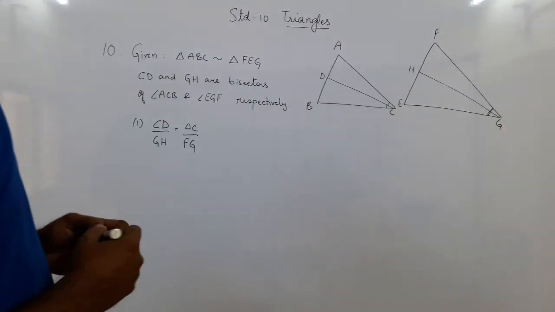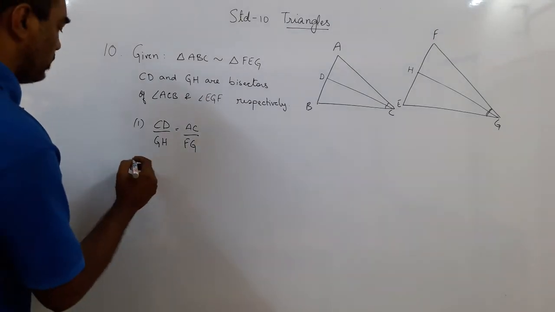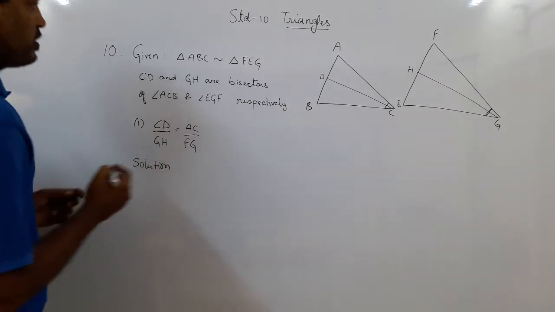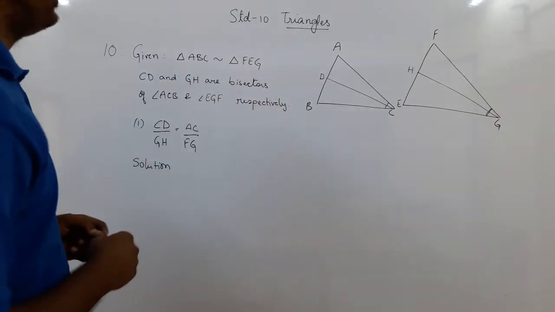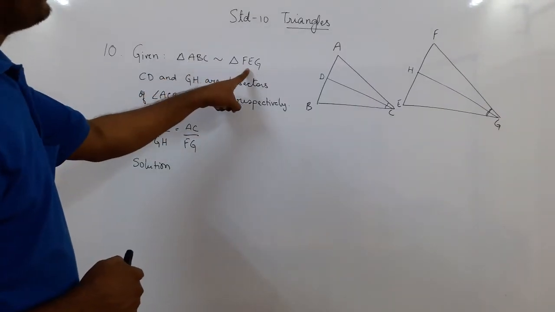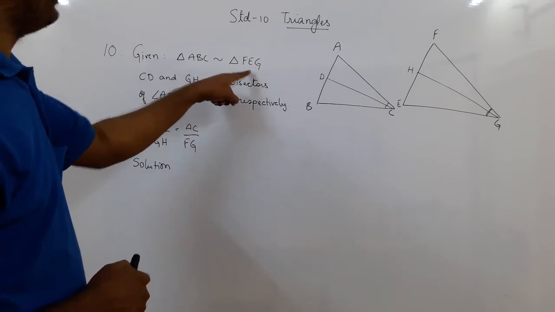This is the first thing to be shown. So how will we begin this sum? What is the proof? How do we write the solution now? How do we start? What is given to us? ABC is similar to FEG. Right? So angle C is equal to angle G.